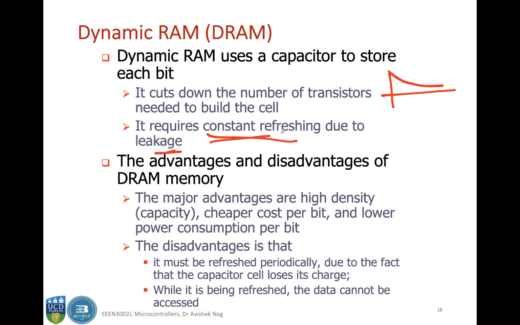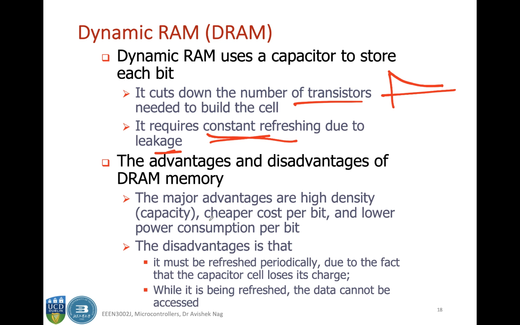The major advantages are high density, because you have fewer transistors, and cheaper cost per bit, which is obvious because you are using a capacitor to store a bit instead of, let's say, 4 to 6 transistors.